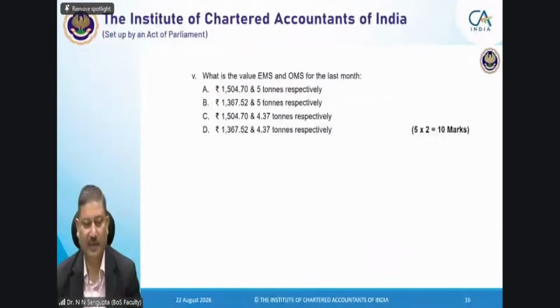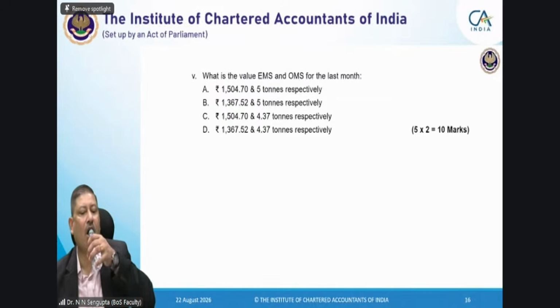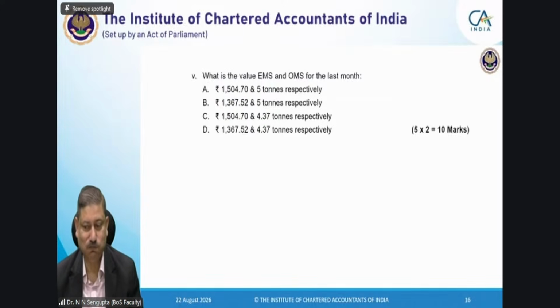And the last question is the value of EPMS and OPMS for the last month. So that is also given, and again two answers are given, and accordingly you can find out which of the answers is going to be correct.